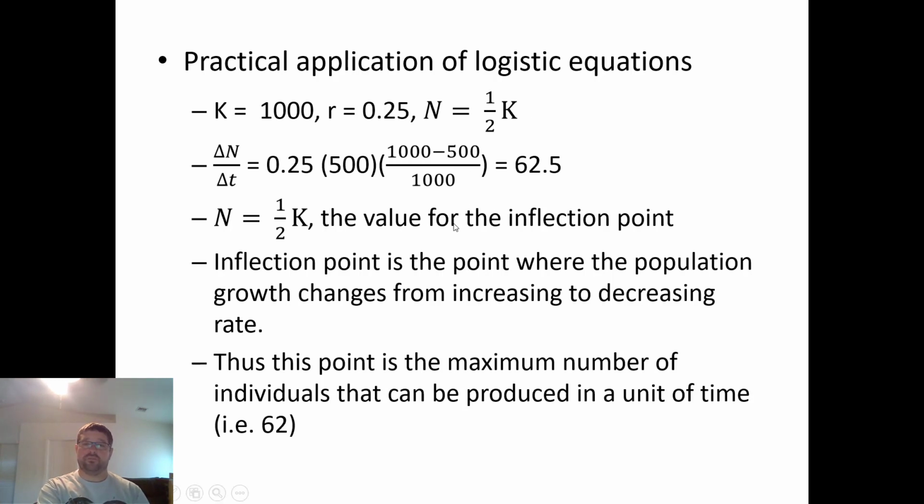If you change how many deaths, so you take more than 62.5, the number of deaths increases and the rate can change. If you have a bunch of individuals leaving the population because the habitat's not very good, not only is K probably going to decrease, but your R might decrease because you don't have enough individuals to add back to the population.